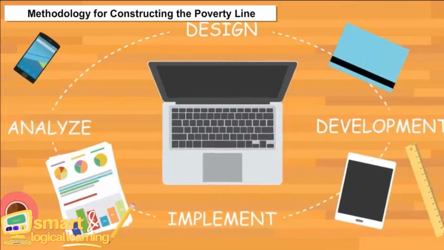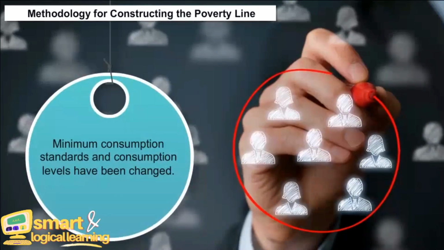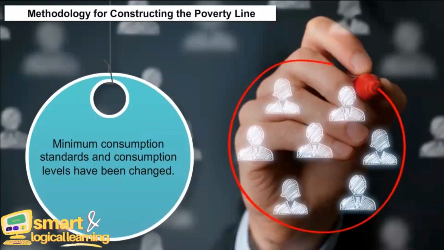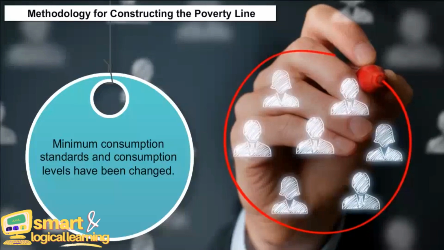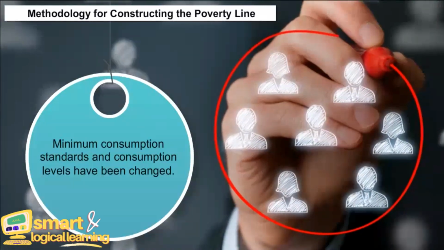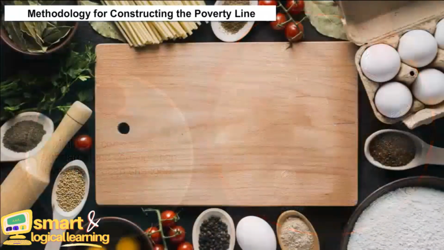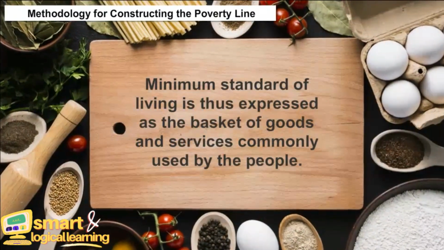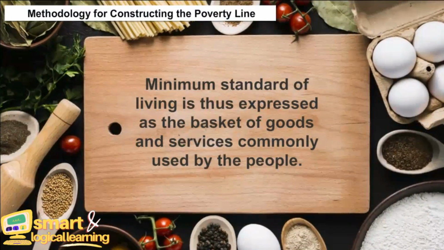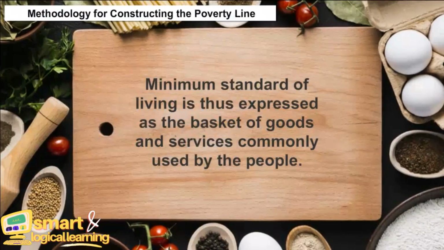Methodology for constructing the poverty line. The concepts of minimum consumption standards and consumption levels have been changed based upon the recommendations of the various expert groups or task forces. Minimum standard of living is thus expressed as the basket of goods and services commonly used by the people.